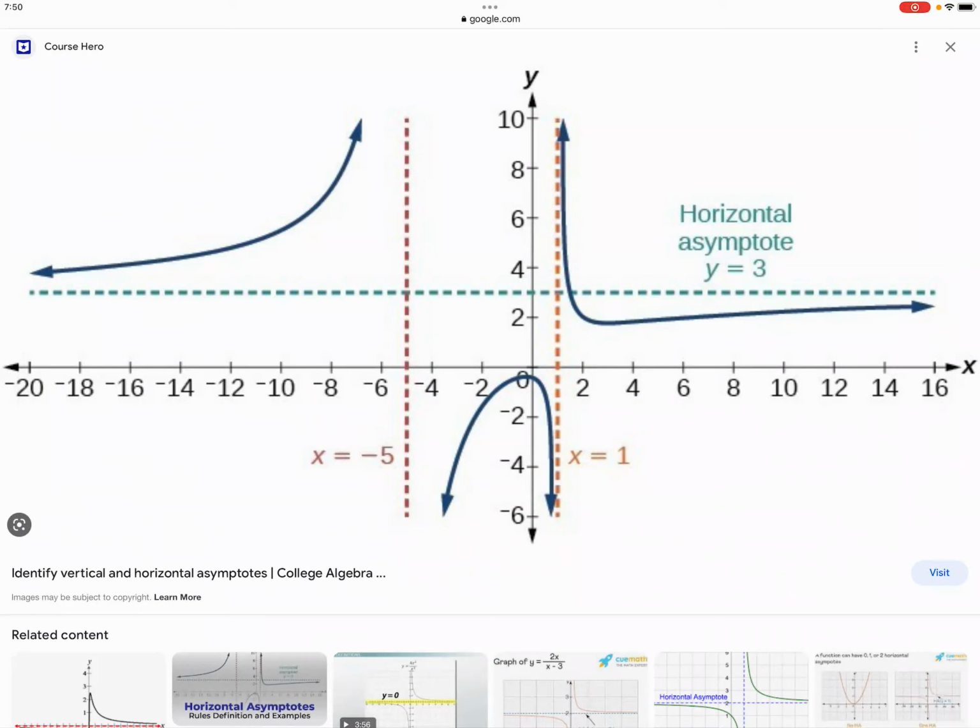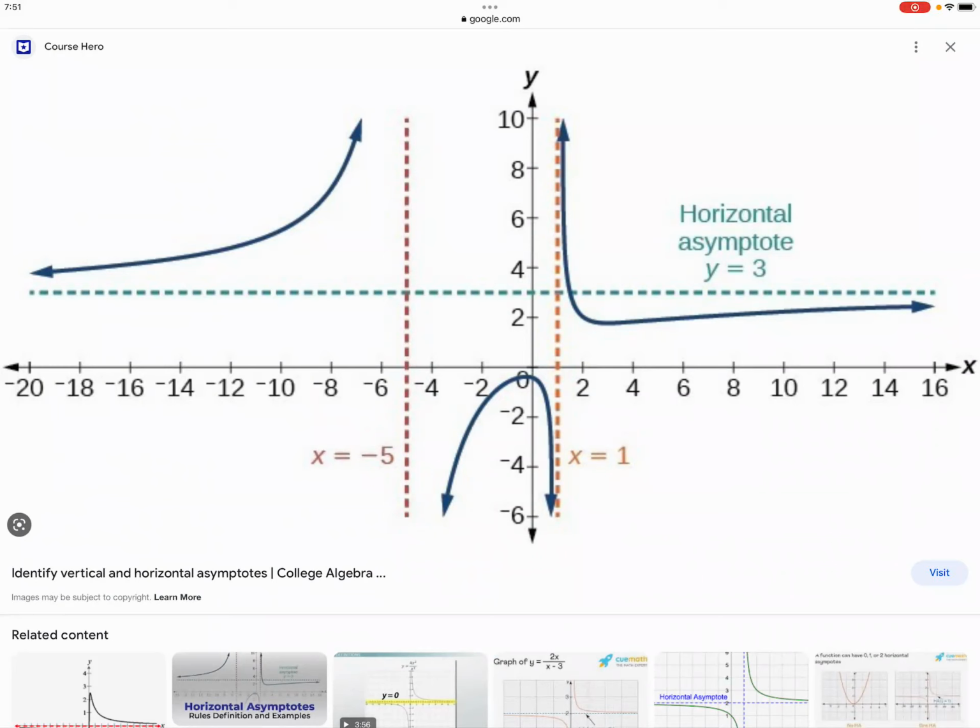Yes. Because you can see right here, right around close to 2, when x is close to 2, you can see how the graph would cross it.